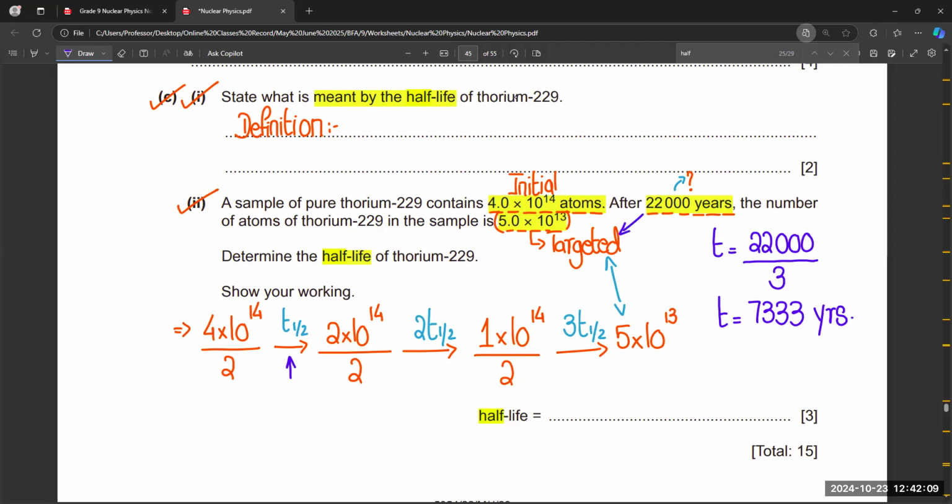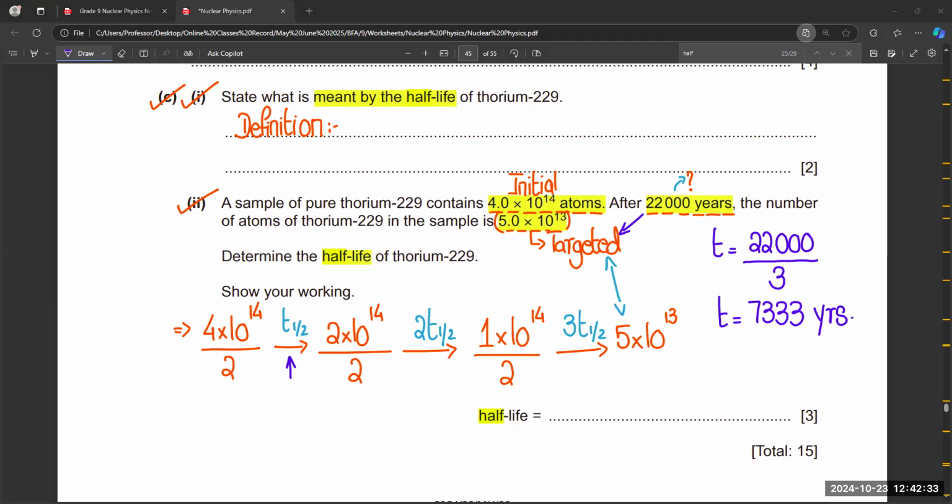So it is very clear that we need to divide this time into 3 equal half-lives. So when we divide 22,000 by 3, we get the answer 7333.